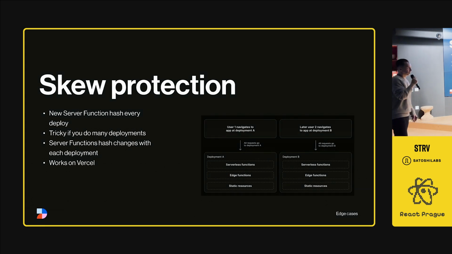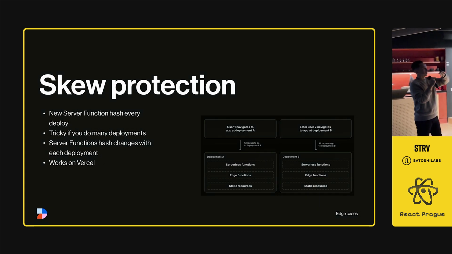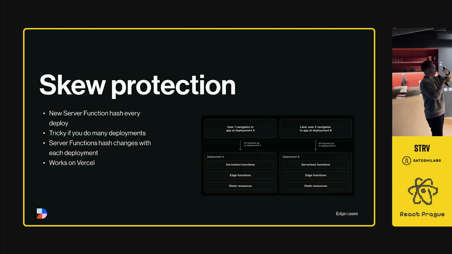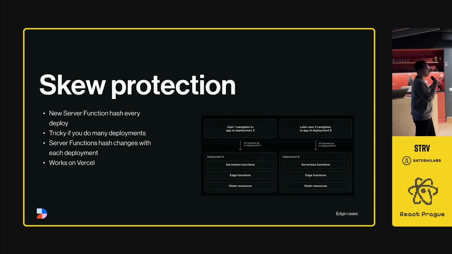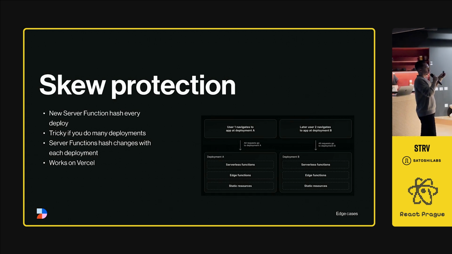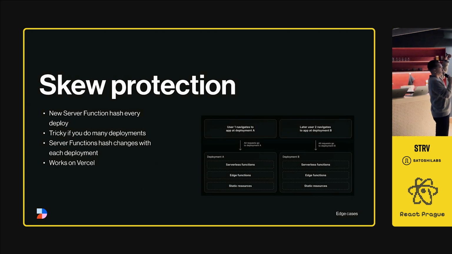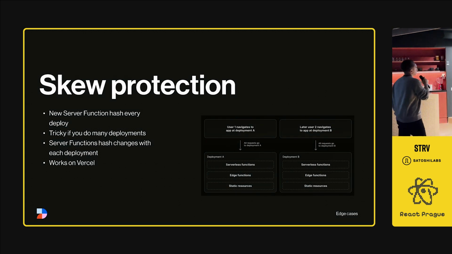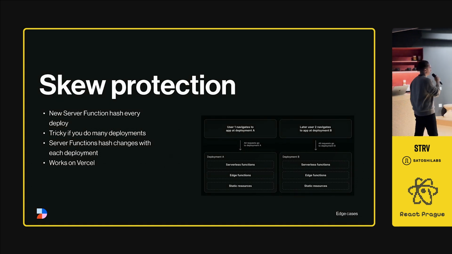So the current user who was on page A, after deployment is on a page with a label B. All the requests are going to fail because page A is trying to reach server function A, which is not present at all. This works out of the box with Vercel, but if you want to do that outside of Vercel, good luck. It's not that easy.